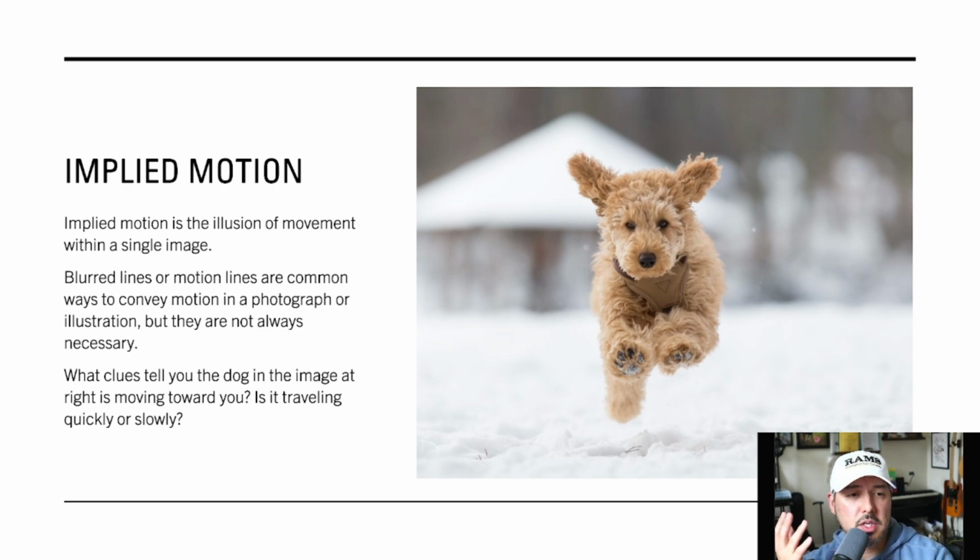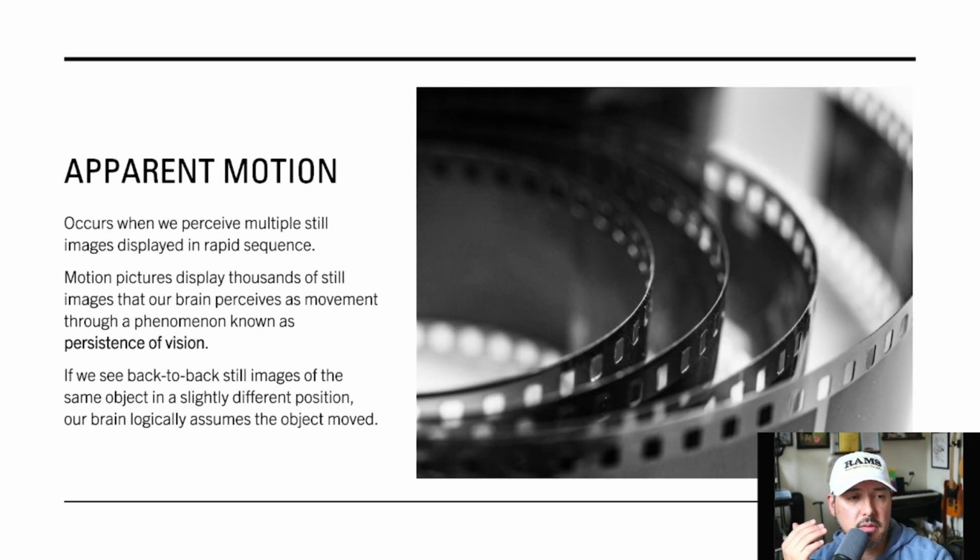The other way that motion can be perceived is through something called apparent motion. Apparent motion is how things like cartoons and motion pictures work. It occurs when we perceive motion in a rapid sequence of still images. When you take a video of something, you're not actually taking a continuous video. You're taking a series of still images.